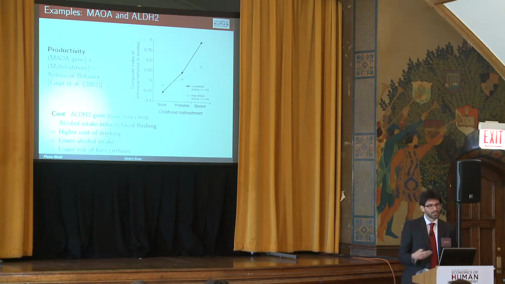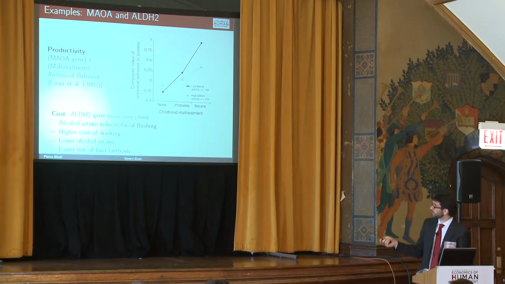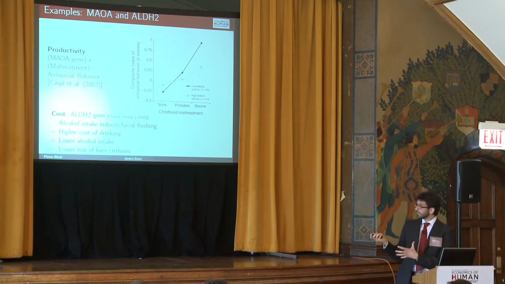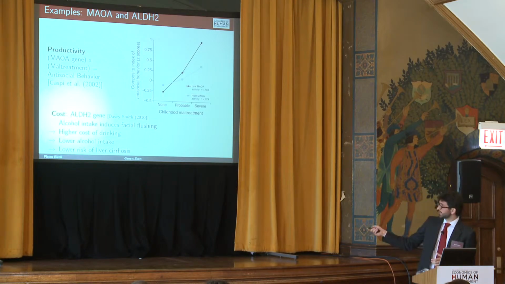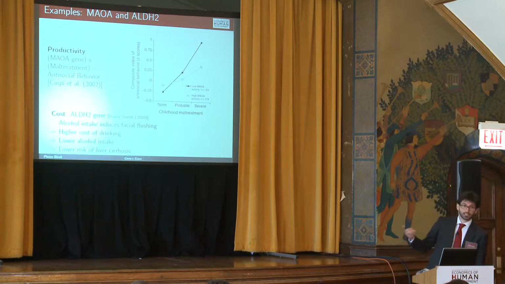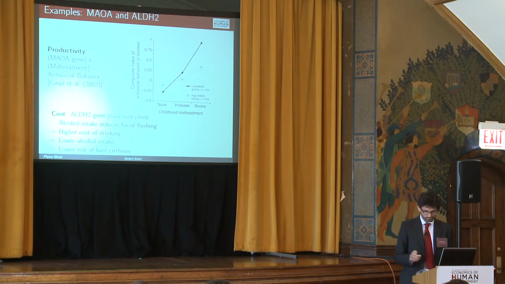They become drowsy, they have a lot more problems drinking. And indeed, we observe that they have a lower alcohol intake. So the way that we model this is that this genotype changes the cost of drinking too much. This has an effect on the investment, how much we drink, and in the long term, this will have an effect on an outcome of interest like liver cirrhosis, for example.